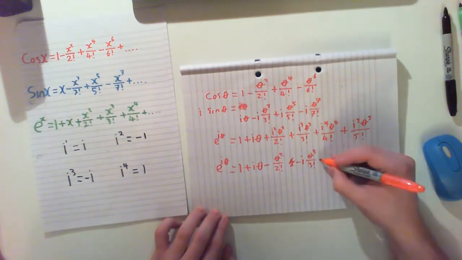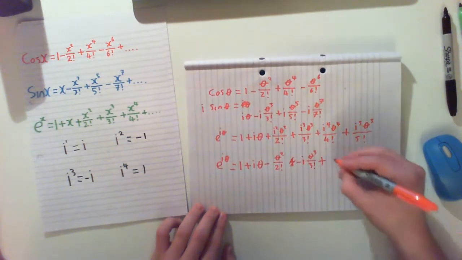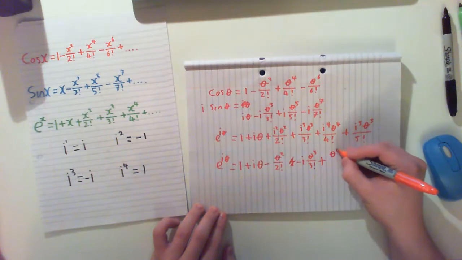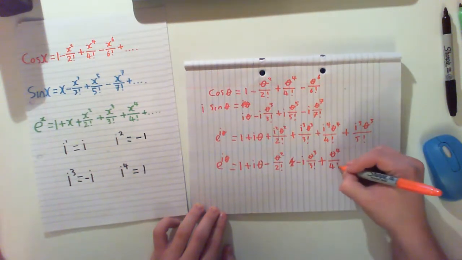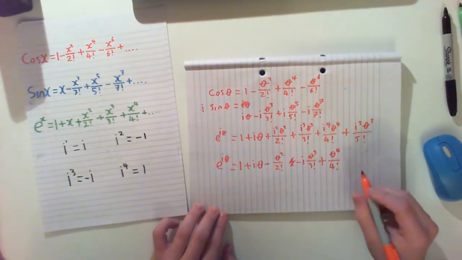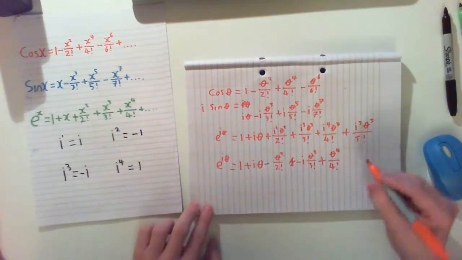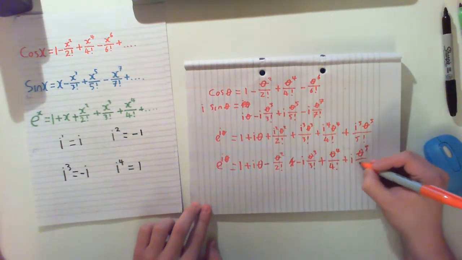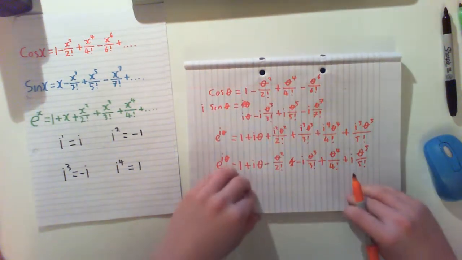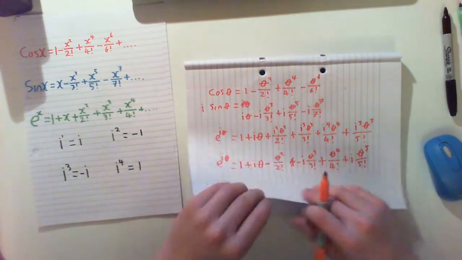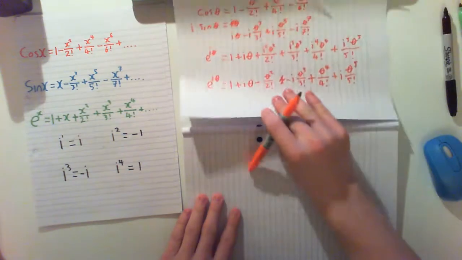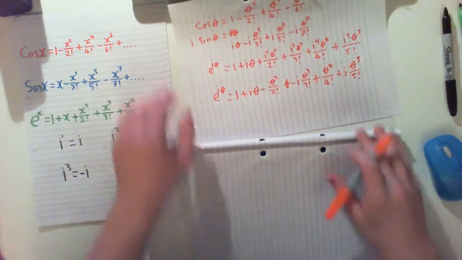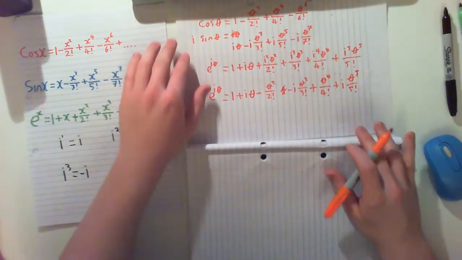Our 4 goes back to 1, so there's no i there, so that's theta to the 4 over 4 factorial. And then we get back to 5 again, we go back to our first position and we get i, so plus i theta to the 5 over 5 factorial. Now that might seem a little bit confusing at the moment.